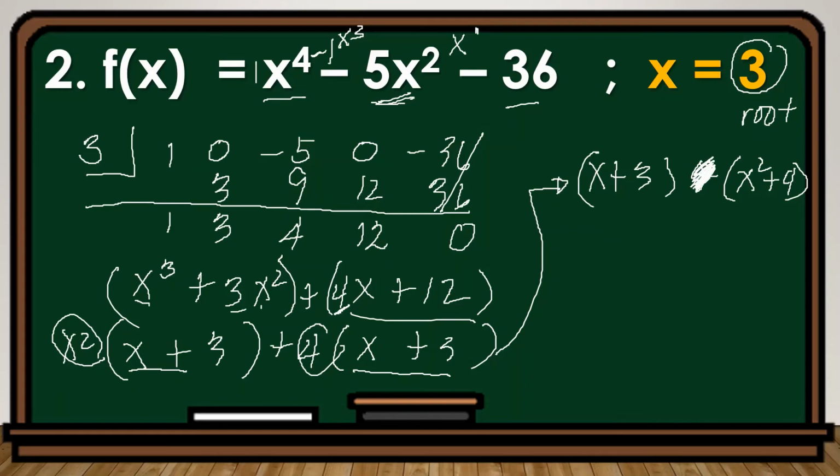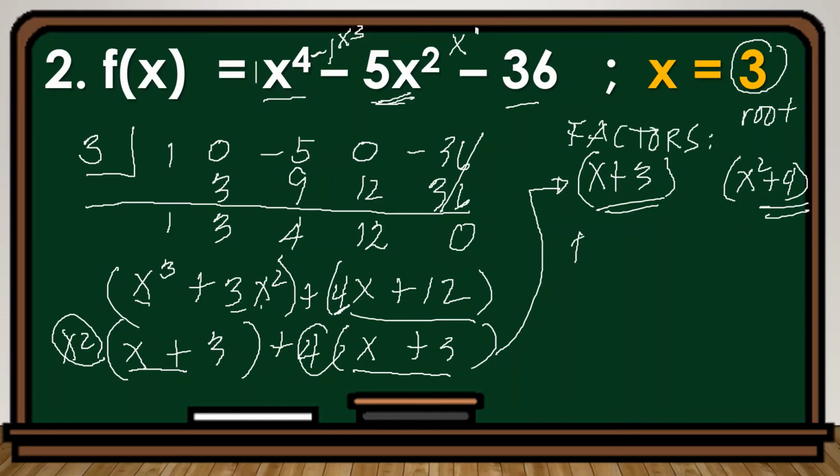It should be multiplication. So no more plus or minus in between. So we have now the other factors. These are the other factors, x plus 3 and x squared plus 4. These are the factors that we are looking for.